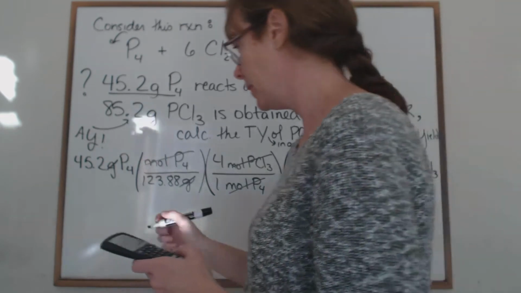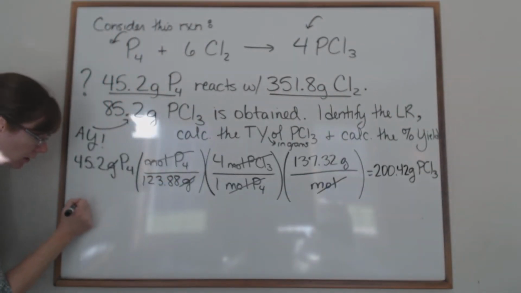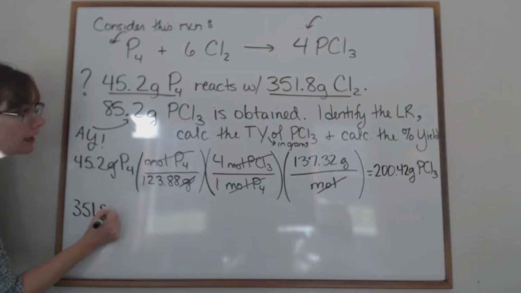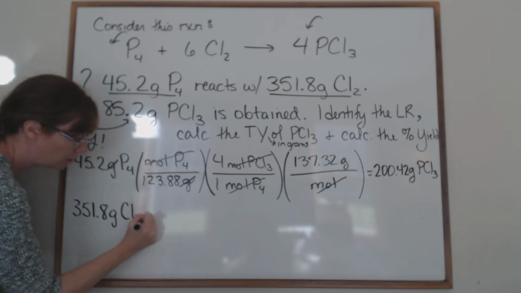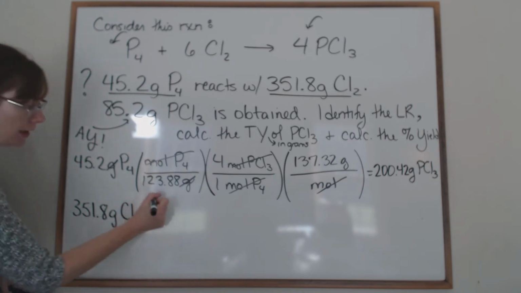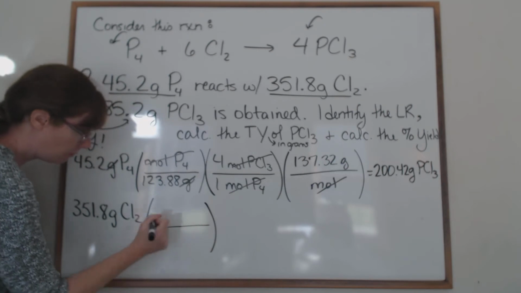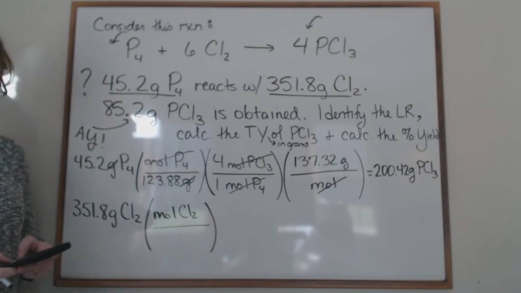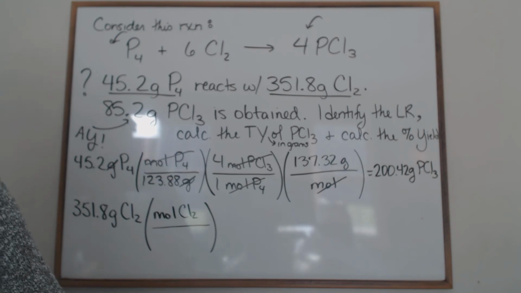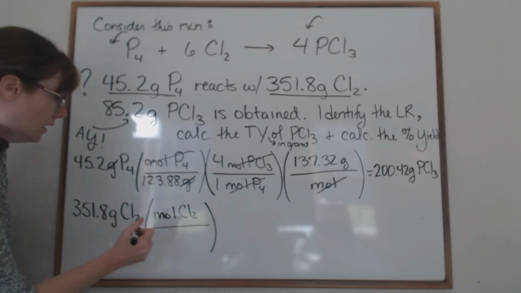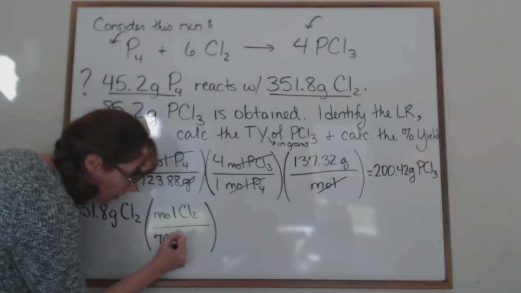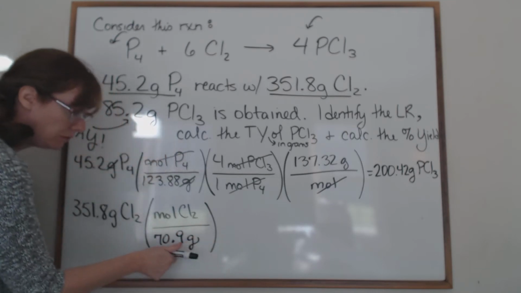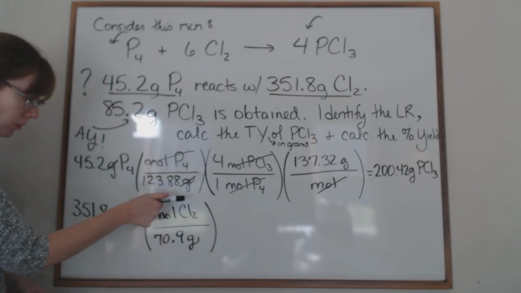Let's check the other one. 351.8 grams of Cl2. Okay, got to put it in moles. So I need Cl2's molar mass, 70.9 grams per mole. Just reading it upside down, grams per mole.